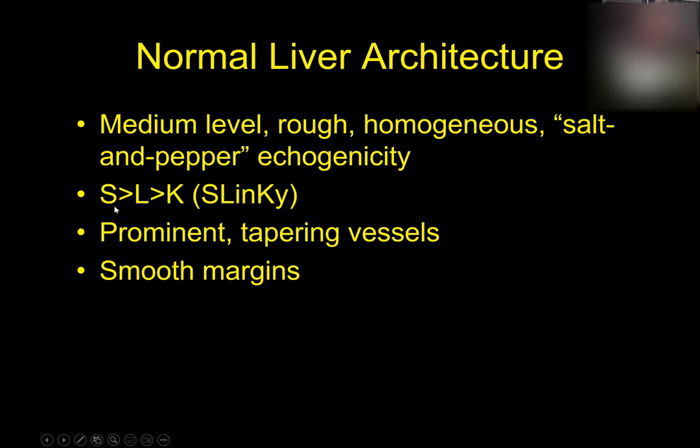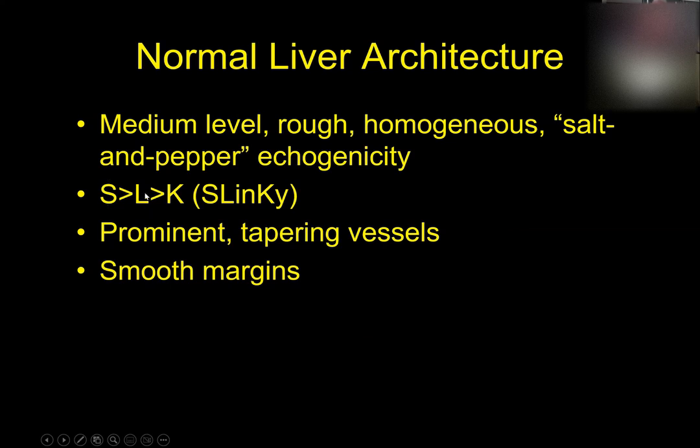Okay, this is an acronym. So remember the word slinky. Remember S, L, and K in the word slinky. Of those three organs in a normal dog or cat, the spleen should be the brightest, so it's the most echogenic.